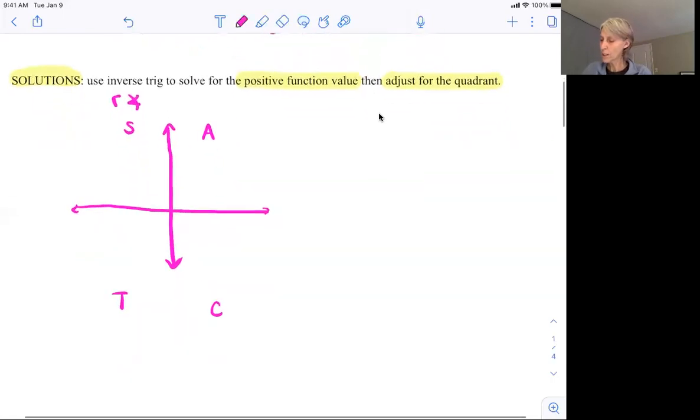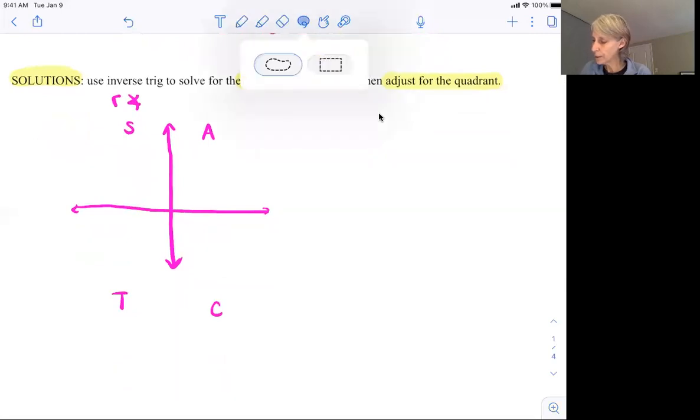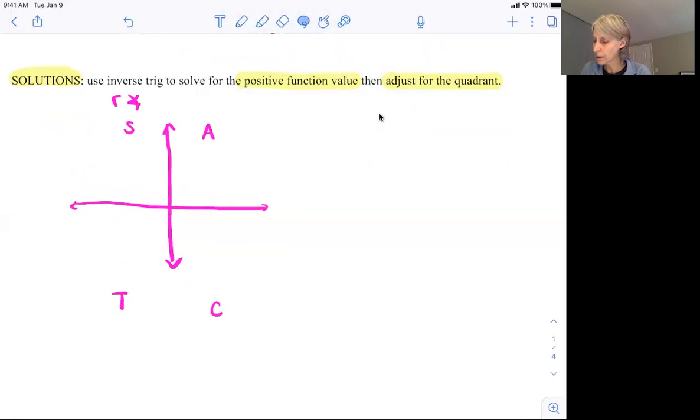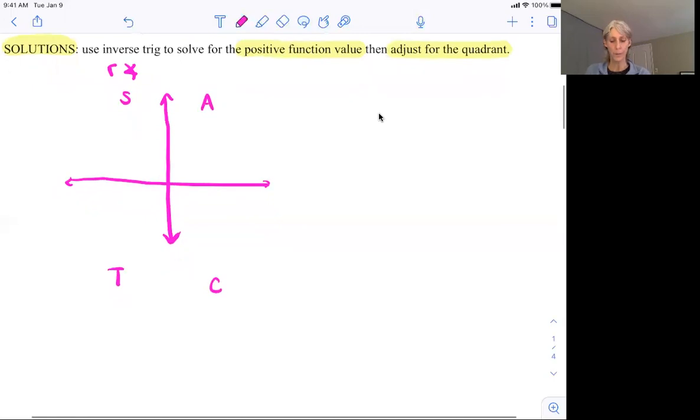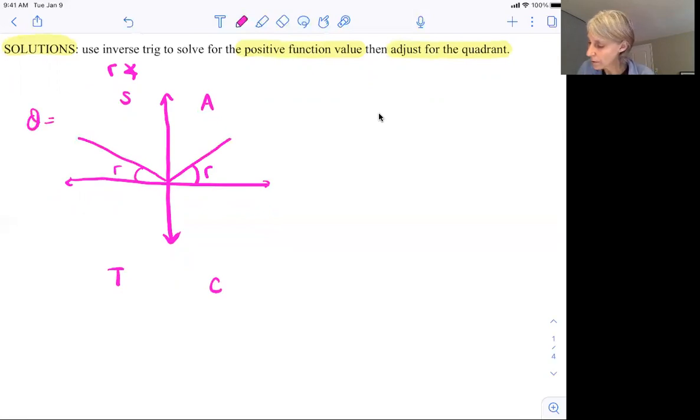All right, so for solving our equation, remember, we're going to always solve for the positive reference angle, and then we adjust for our quadrant. So to get a second quadrant value of our solution, if theta is in the first quadrant, theta is the reference angle.